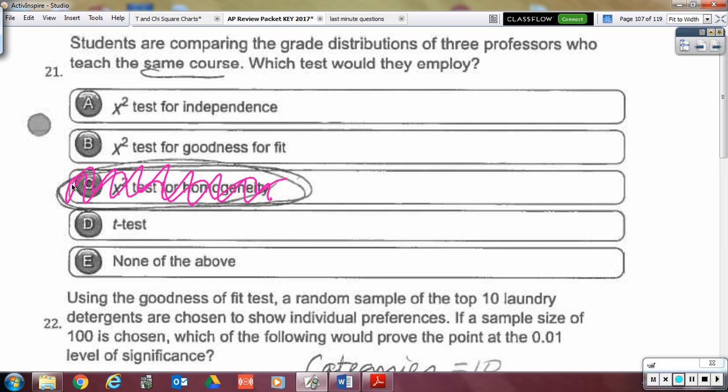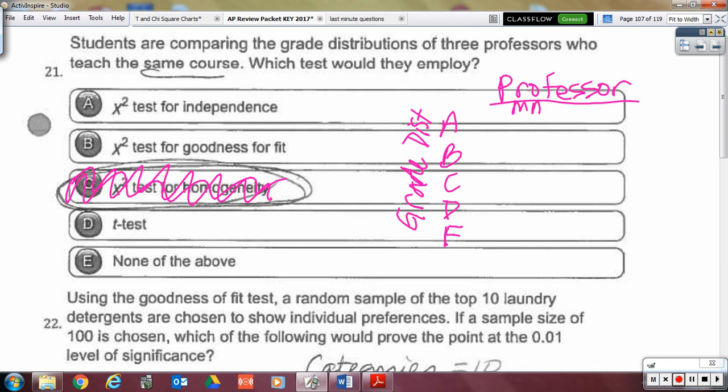So this compares the grade distribution of 3 professors. So we have a variable that is the professors, 1, 2, or 3 professors. And we have a variable that is the grade distribution: A, B, C, D, F. And then the professors could be Mac, Miser, or Grable.